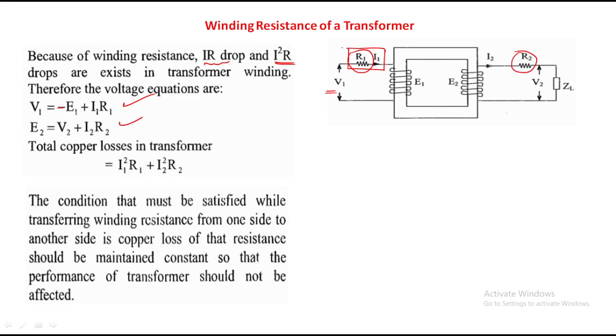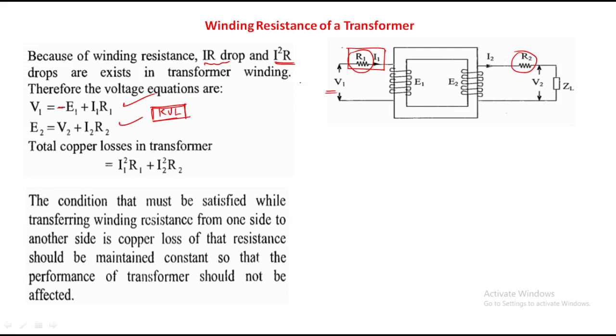Coming to the secondary, E2, the mutual induced EMF, should be equal to the terminal voltage plus I2 R2. By using KVL we can get these voltage balance equations from the primary and secondary loops.